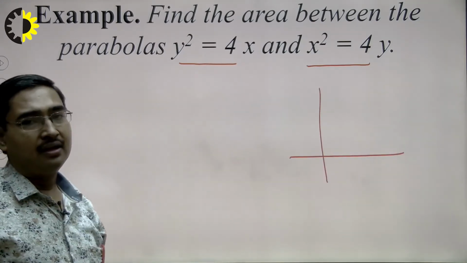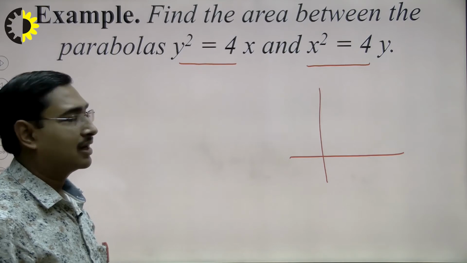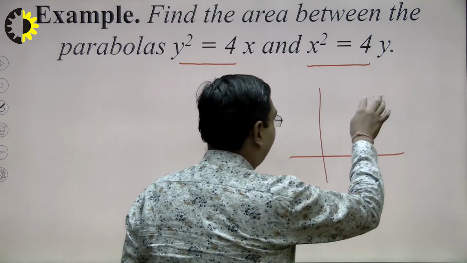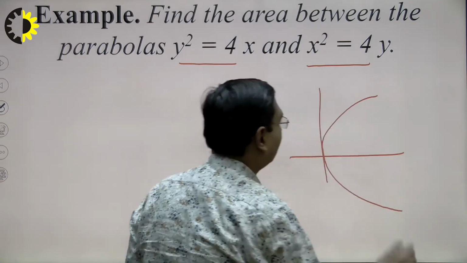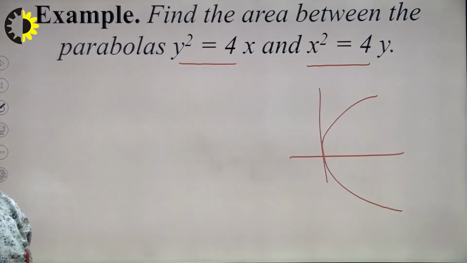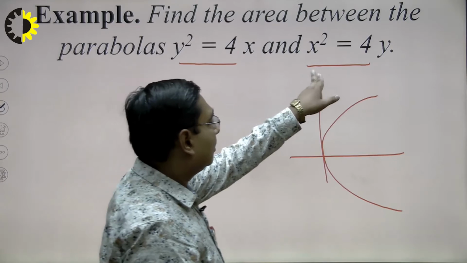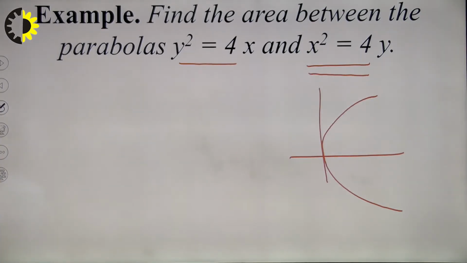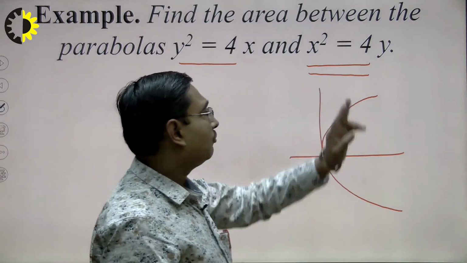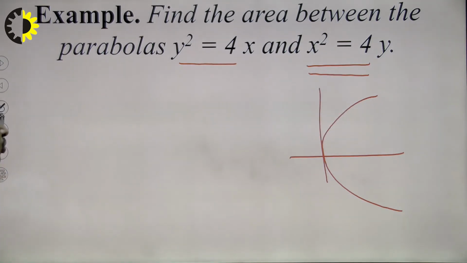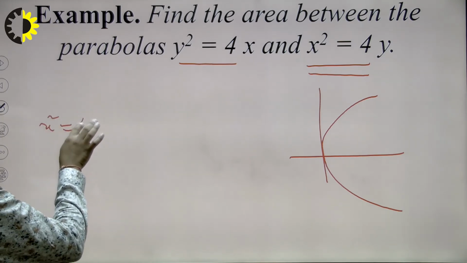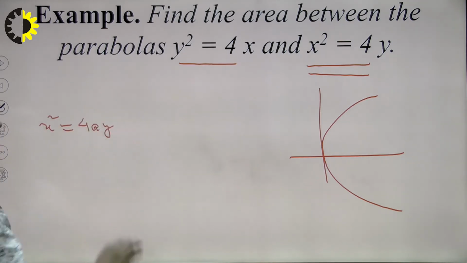Y square equal to 4x is a parabola of the form y square equal to 4ax. It will be looking like this, opening rightwards. The second equation is x square equal to 4y. X square equal to 4y is also a parabola which is of the form x square equal to 4ay.